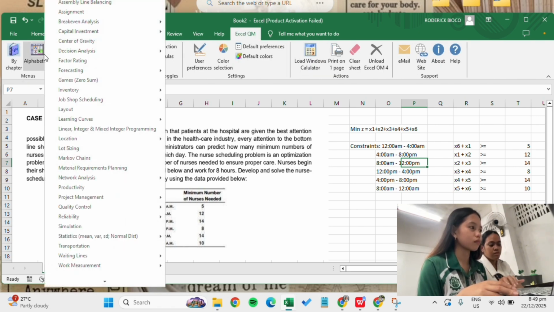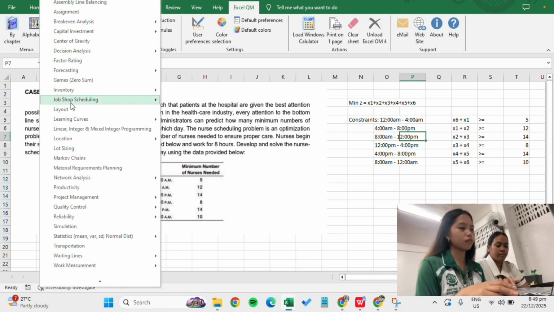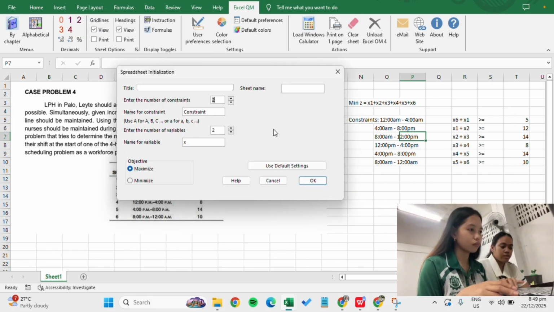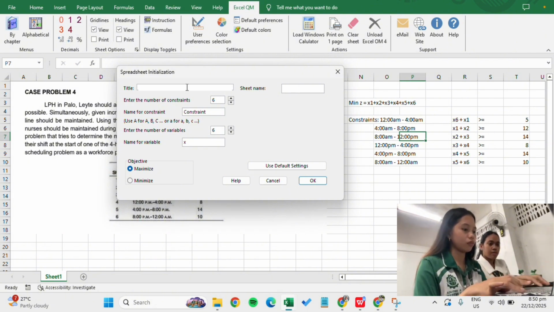Click the linear integer program. Next, enter the number of constraints, which is 6, and enter the number of variables, 6. Then add the title, shifting of nurses. Then set the objective to minimize. Then click OK.